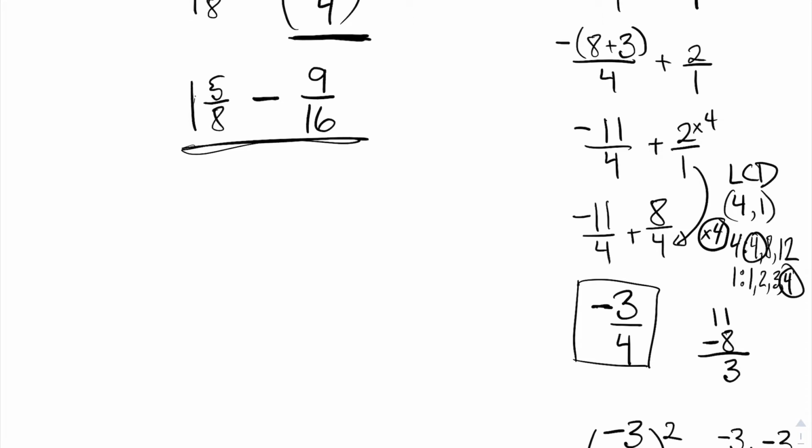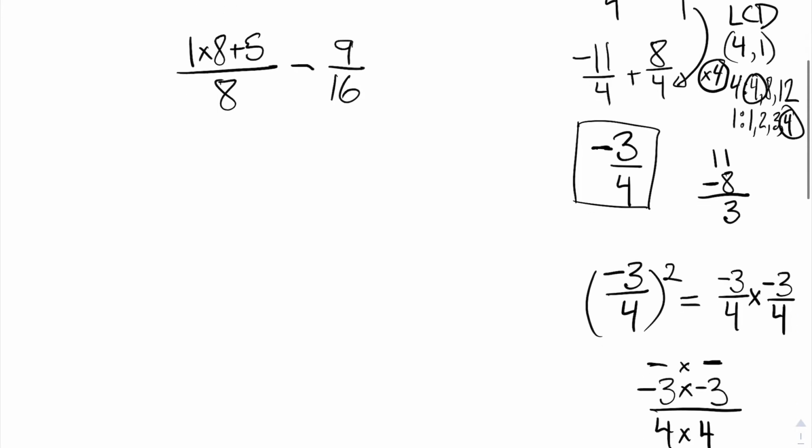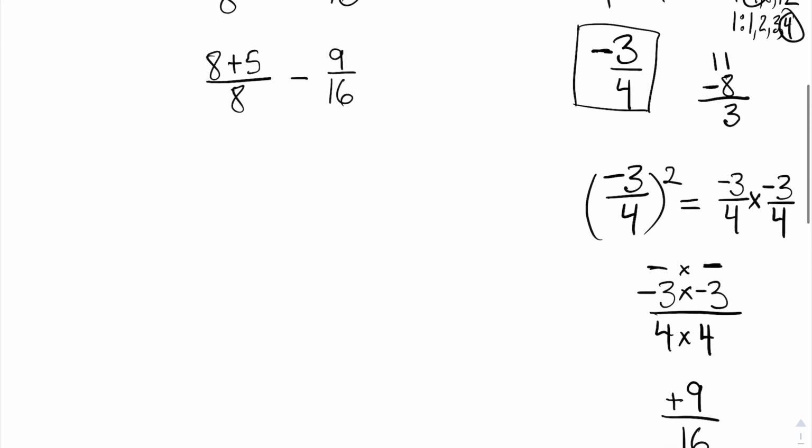So this is subtraction, so I first need to make sure I have no mixed numbers. So that's 1 times 8 plus 5 over 8, subtract 9 over 16. That gives me 8 plus 5 over 8, subtract 9 over 16. Continuing on, I get 13 over 8, subtract 9/16.